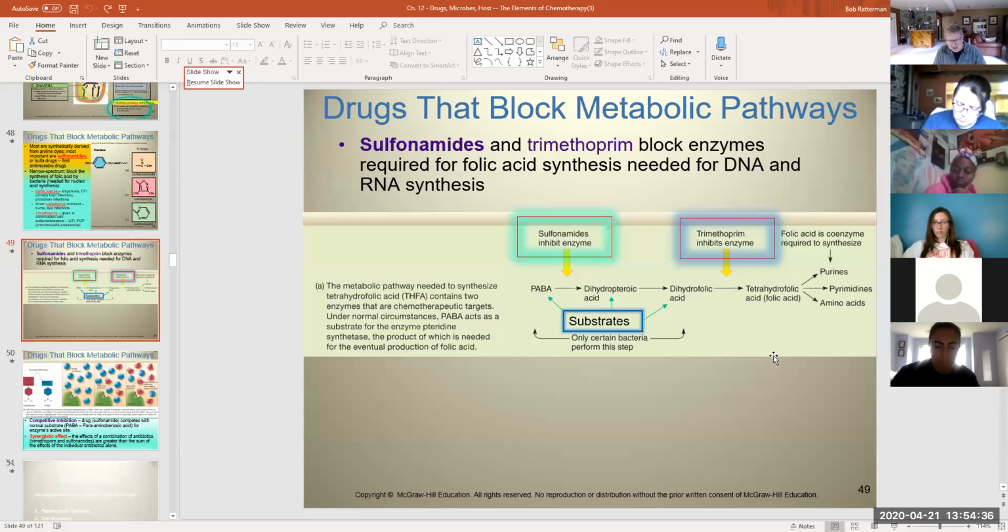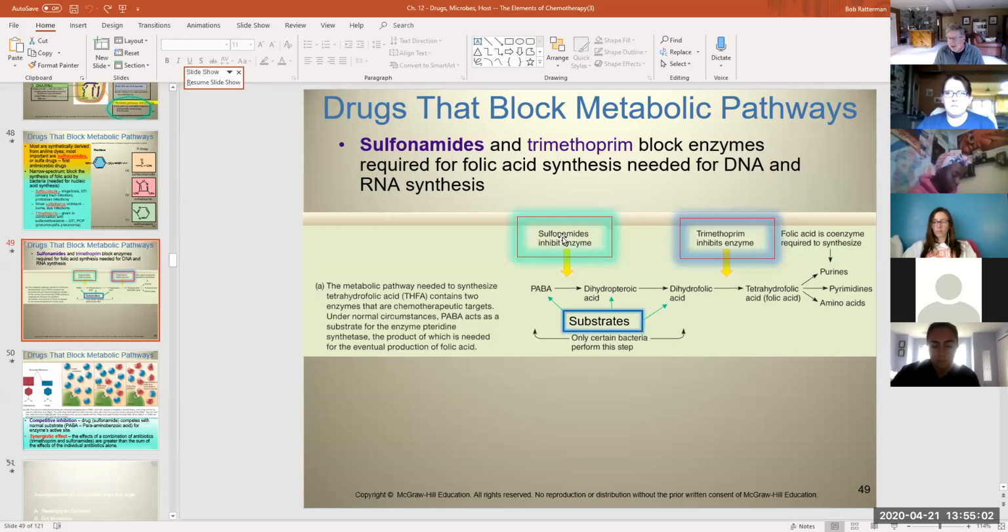Nucleotides, remember, are sugars, phosphate, bases. They're the building blocks of RNA and DNA. So if you can't make folic acid, you can't replicate your DNA. I don't care if you're a prokaryote or eukaryote. This particular example is talking about impeding prokaryotic nucleotide synthesis, right?